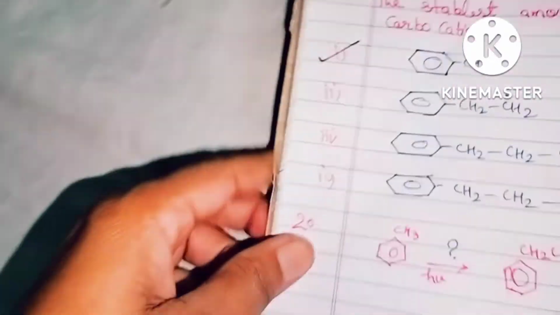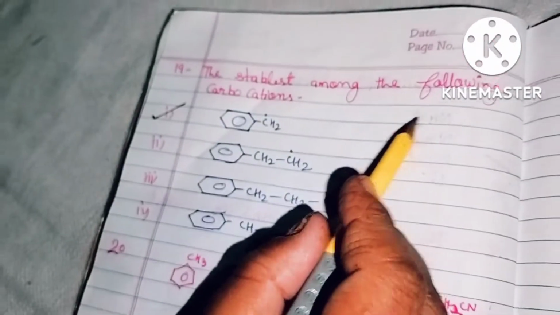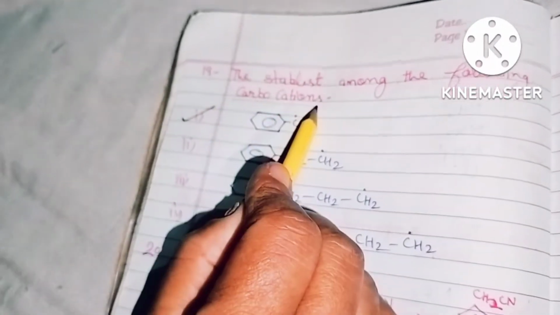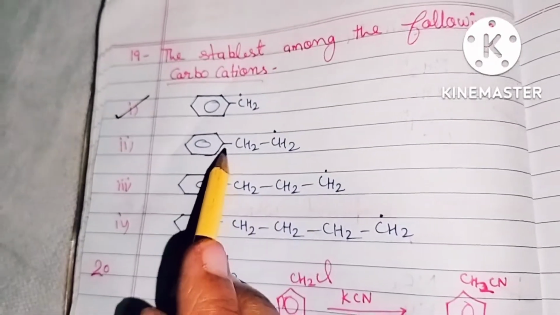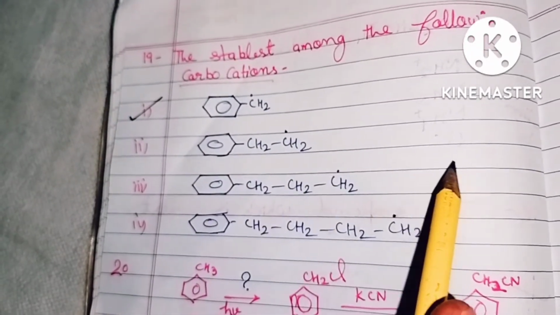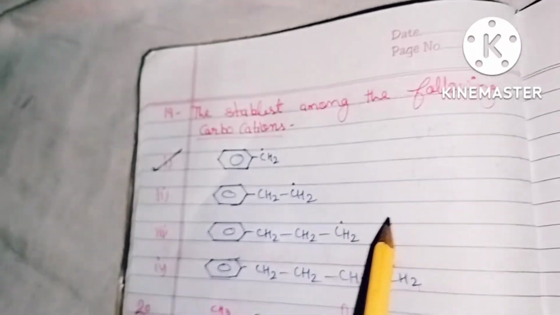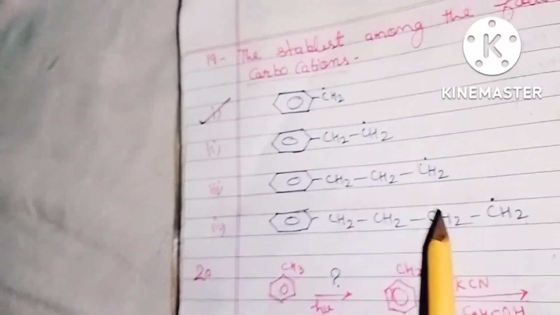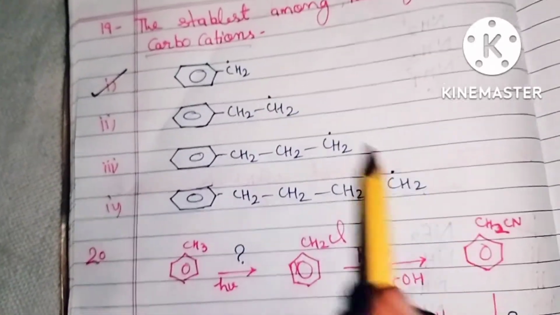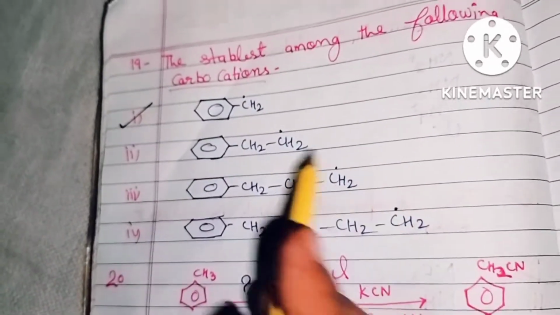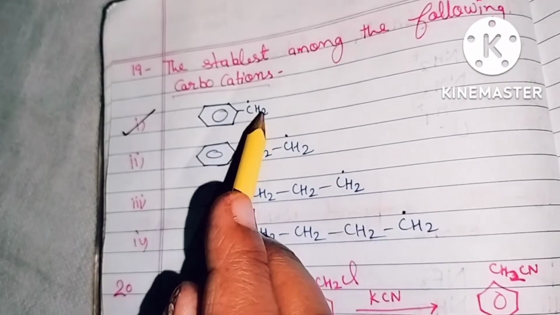Next, the most stable among the following carbocations. We know when long chain hydrocarbon free radicals are obtained, they are less stable. Long chain hydrocarbon carbocations are less stable compared with short carbocations.